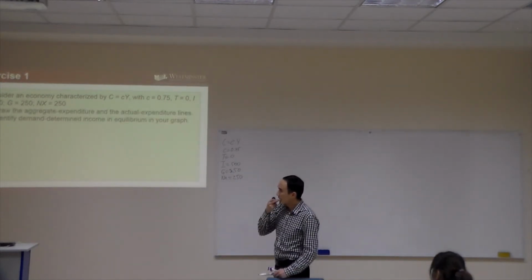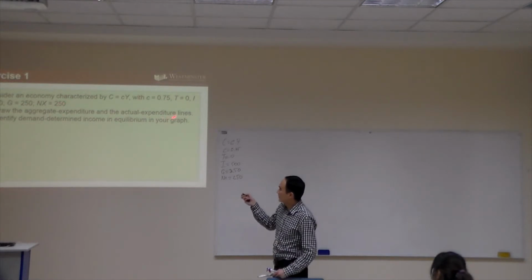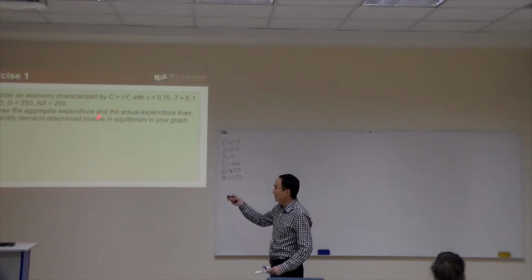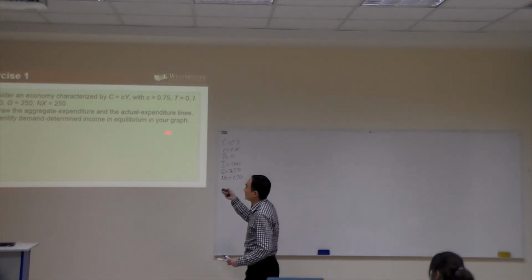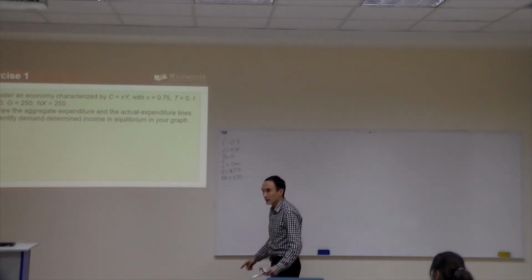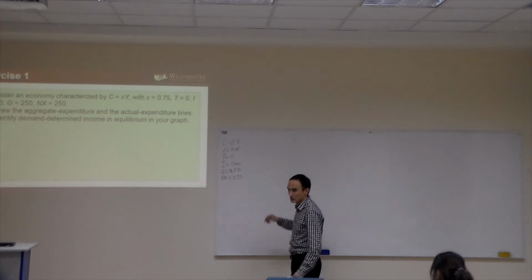Number 1. Draw aggregate expenditure and actual expenditure lines. Identify demand-determined income in equilibrium in your graph, which means we are asked to find the Keynesian cross.